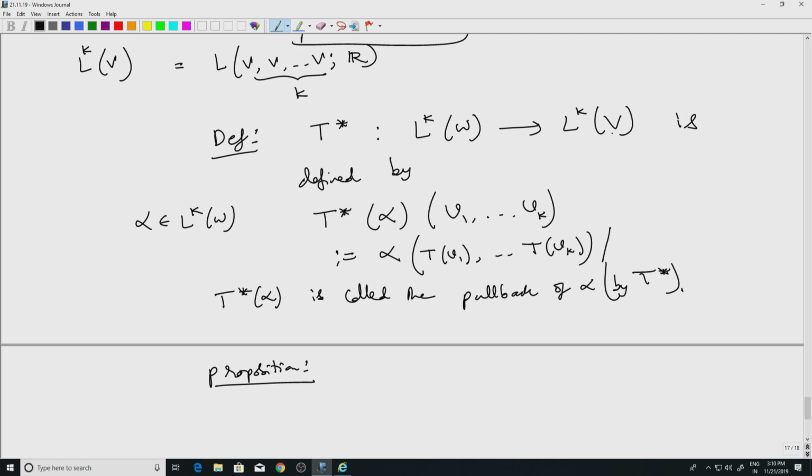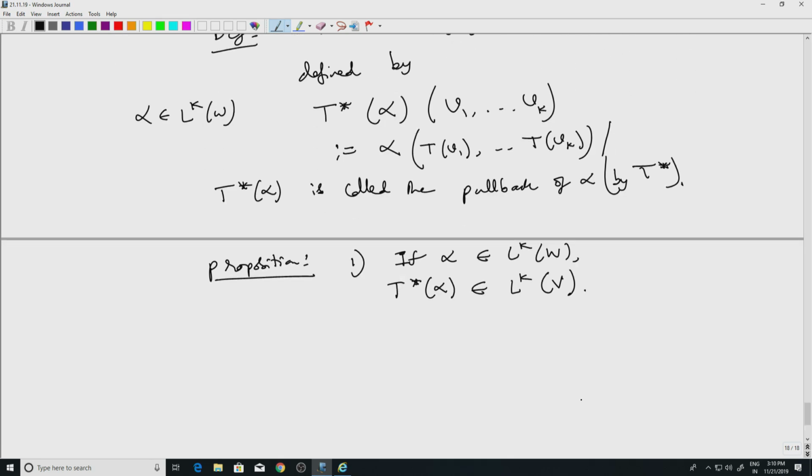So the first thing is, if alpha belongs to L^k(W), then T star alpha belongs to L^k(V). This is extremely straightforward, using the fact that the original map T was linear. So I won't prove this.